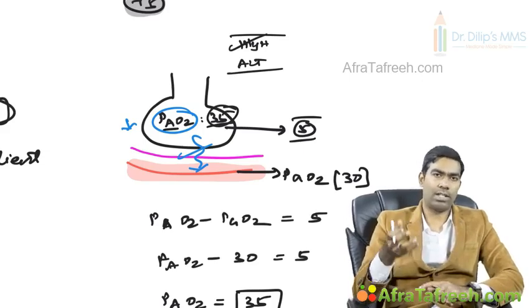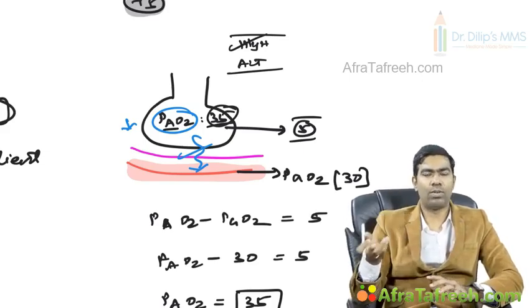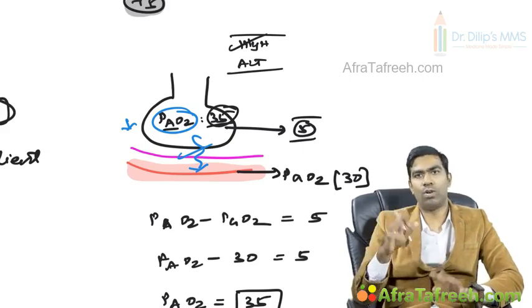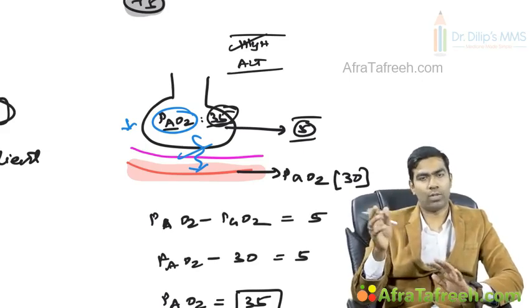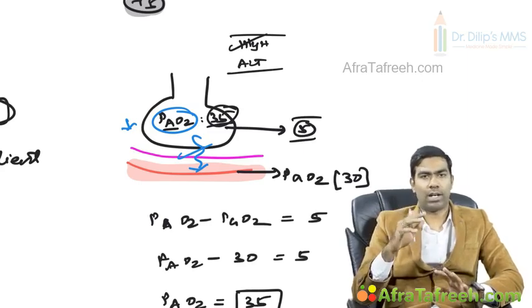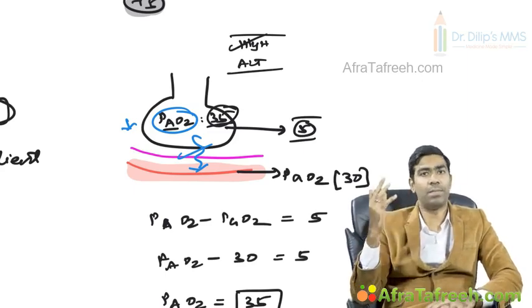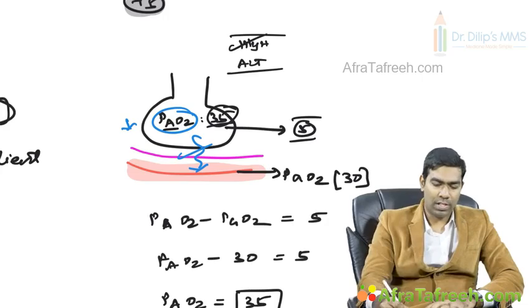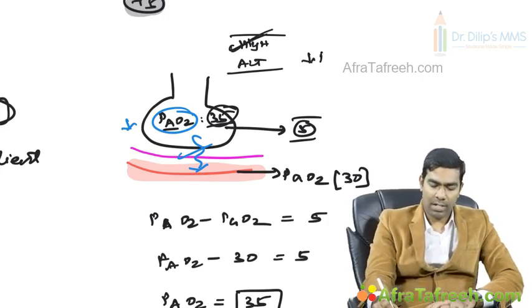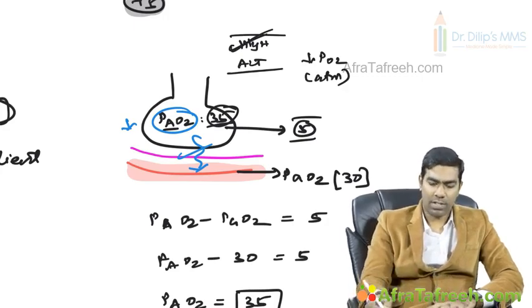If he forgot to change the cylinder and slept at night, the patient is going to inspire air containing a very low fraction of inspired oxygen, and that will decrease the alveolar oxygen, because the environmental oxygen itself is very low. That is one condition that mimics high altitude. But physiologically I can say high altitude, where the partial pressure of oxygen in the atmosphere itself is reduced.